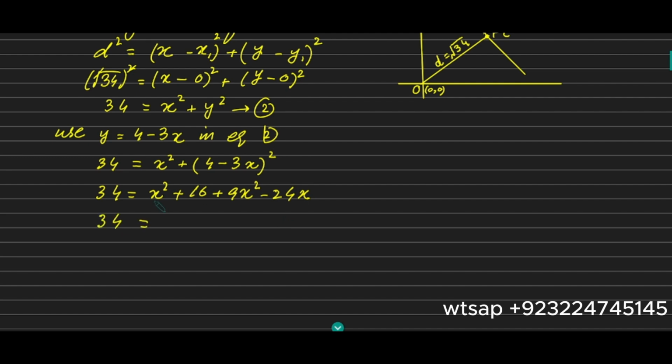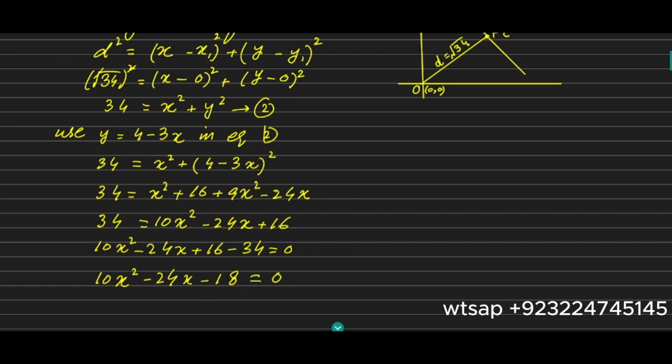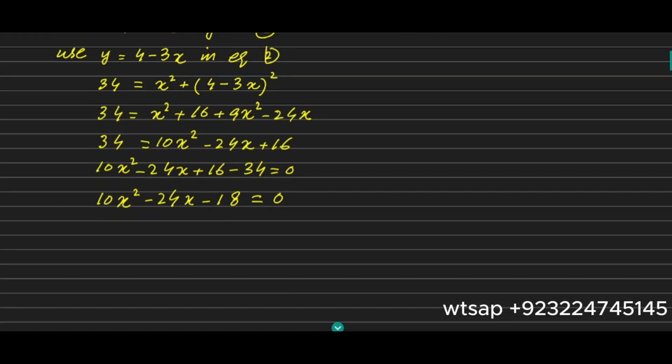Now we solve it. x square and 9x square make 10x square minus 24x plus this 16. Now we get 10x square minus 24x plus 16 minus 34 equal 0. 10x square minus 24x, when we subtract 34 from 16, we will get minus 18 equal to 0. Now we will factorize this equation to find the values of x.